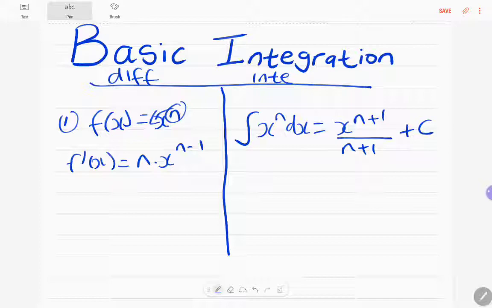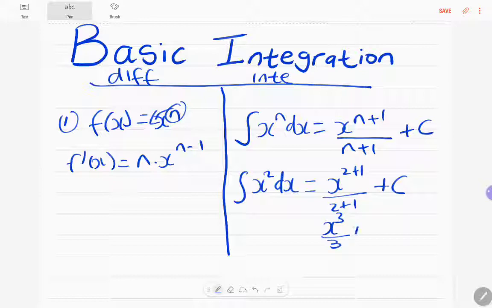Now, there will be a point where you are asked to calculate the value of c. But at this point, we just write it as it is. For example, let's say they say find the integral of x squared dx. You will say x to the power 2 plus 1 all over 2 plus 1 plus c, which will be x to the power 3 all over 3 plus c.